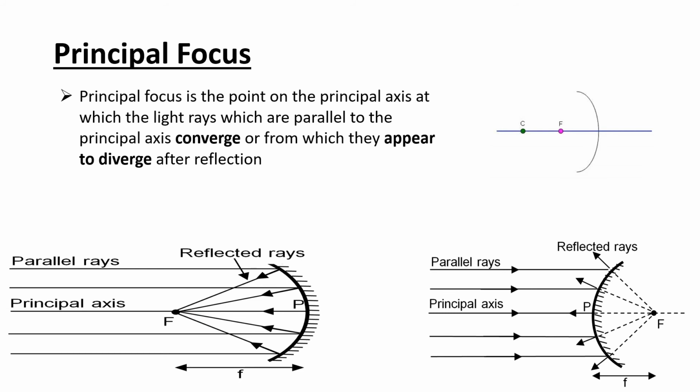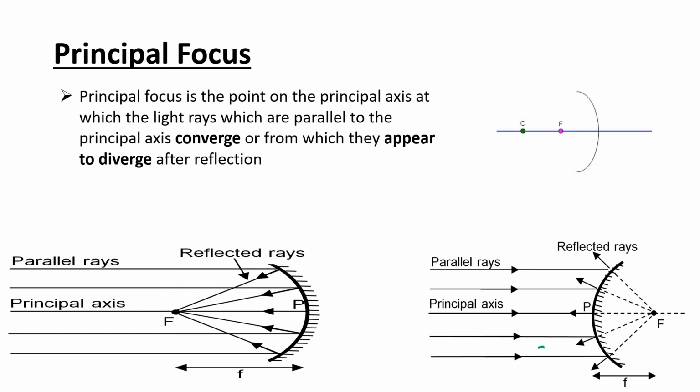But if you look into this mirror, which is convex, you can see the incident rays. These are incident rays. Let this be ray 1, this 2, 3, 4, 5, all parallel to the principal axis.